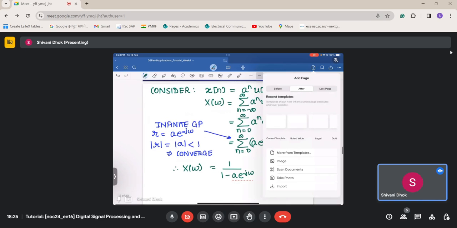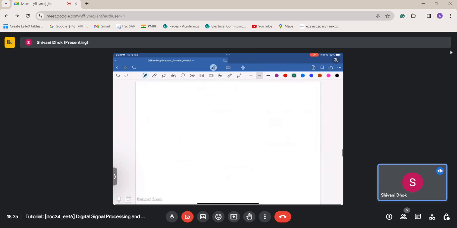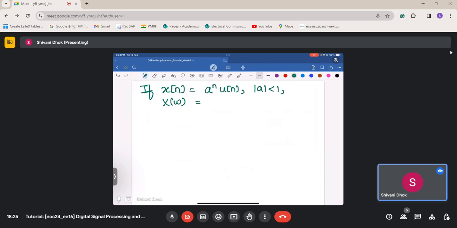So what result do we have? If x of n is equal to a^n u[n], where the magnitude of a is less than 1, then X of omega is equal to 1 upon 1 minus a e^(-j omega). This is the result, and let me number it as 1.